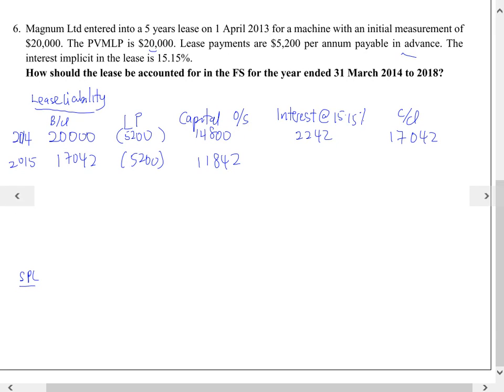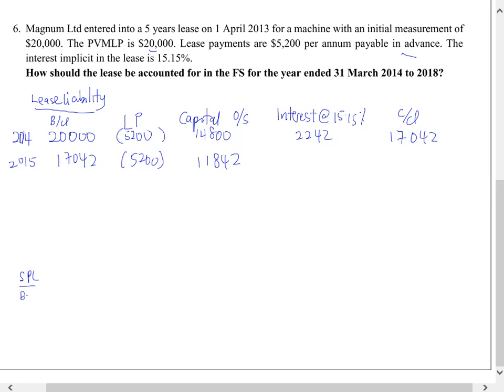What are the charges to the SPL? Interest. Of course, we start with sales all the way down. Before interest, we have depreciation. Yeah, we started with sales down. Which one covers depreciation or interest? Yeah, depreciation, right? Then we got PBT, then interest, then tax.